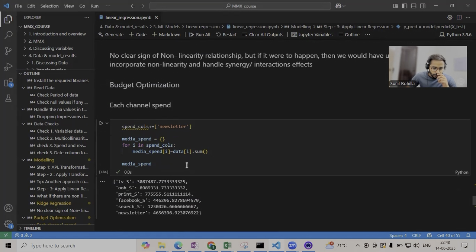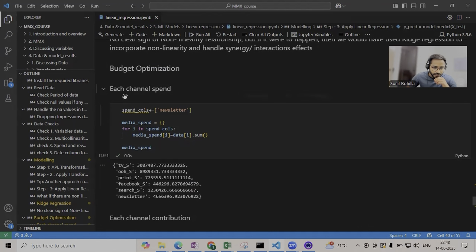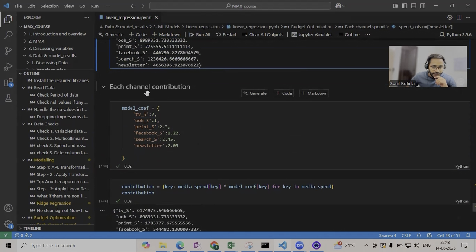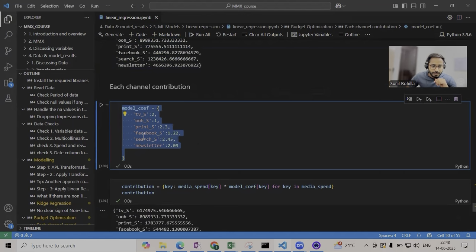And so what I have done here is I have calculated the sum for each of the channels, right? So I have just taken the sum and printed it in a dictionary, right? And then, let's consider that these are the coefficients that we have got from the model, right?